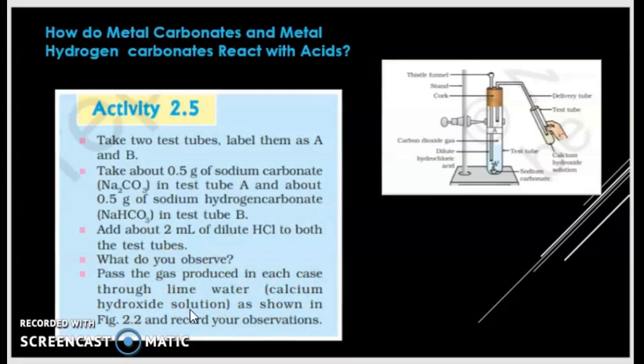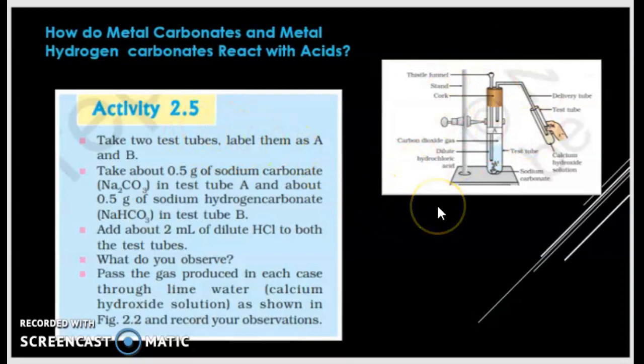You need to pass the gas produced by the reaction of sodium carbonate or sodium hydrogen carbonate with dilute hydrochloric acid through lime water taken in another test tube. You can see the pictorial representation here. This is your experimental setup, and you record your observation. So that is activity 2.5.